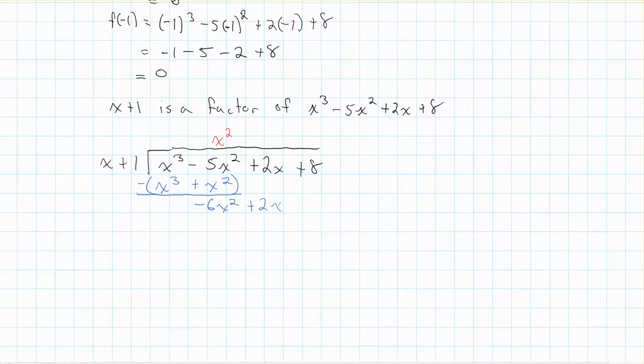Bring down the next term, plus 2x. Then you'd be multiplying by minus 6x. Negative 6x times x is negative 6x squared, and negative 6x times 1 is minus 6x.